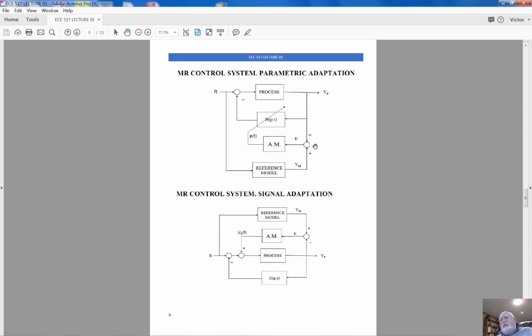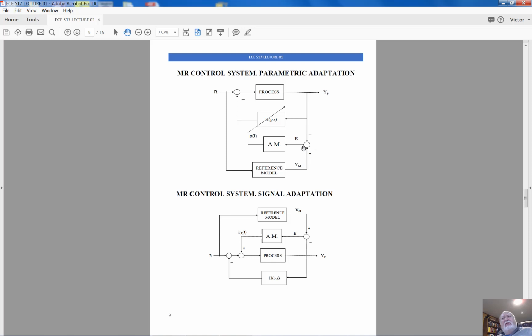The output of the system is always with minus. The response of the reference model is always with plus. We compute the error, and then we have the adaptation mechanism. And the purpose of this adaptation mechanism is to compute increments to individual parameters of the control law. And these increments, believe me, will be properly calculated if we use the appropriate techniques.